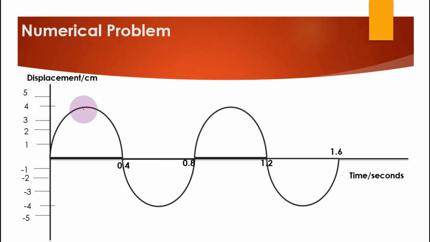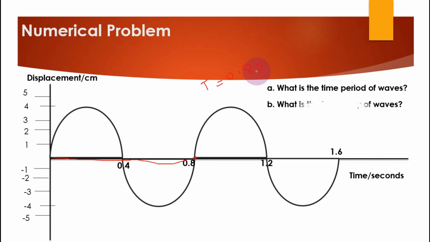If you want to solve a numerical problem on this, then what is the time period of the wave? The time period of the wave is taken from here, that is 0.8. It means this one cycle takes a time of 0.8 seconds. So this time period is equal to 0.8 seconds. This is our first answer.